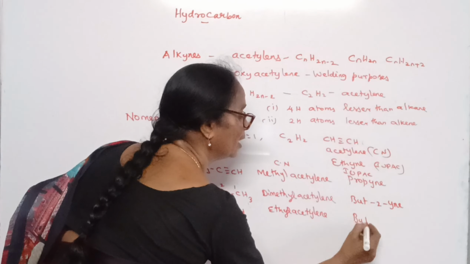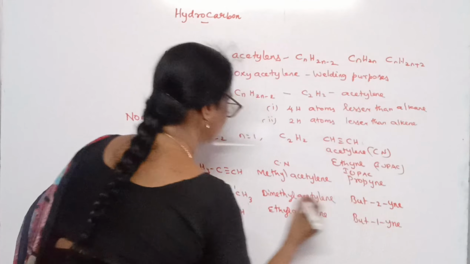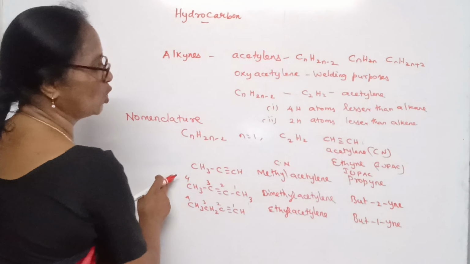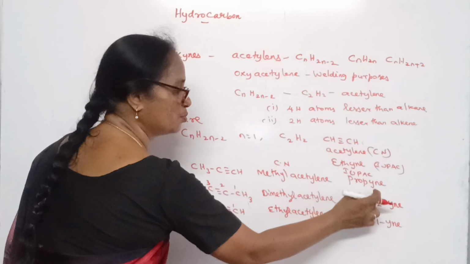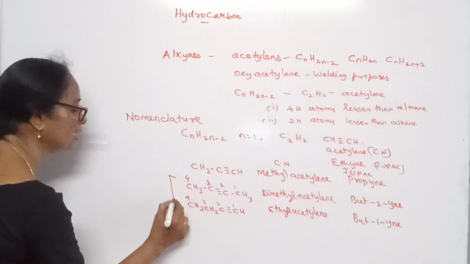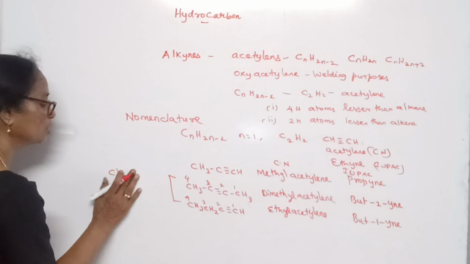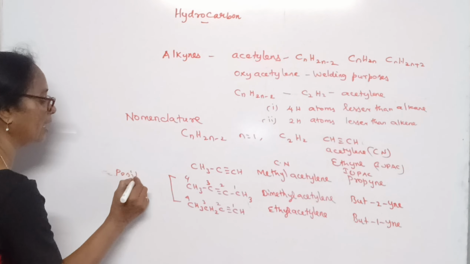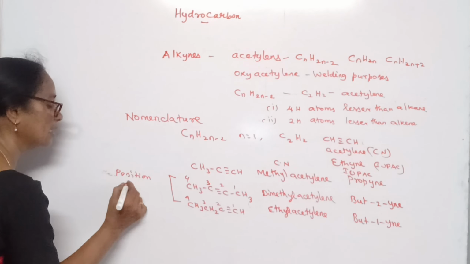So the name becomes but-1-yne. So these two are isomers because the position of the triple bond changes from 1 to 2. So we can say these two are position isomers as they differ in their triple bond position.